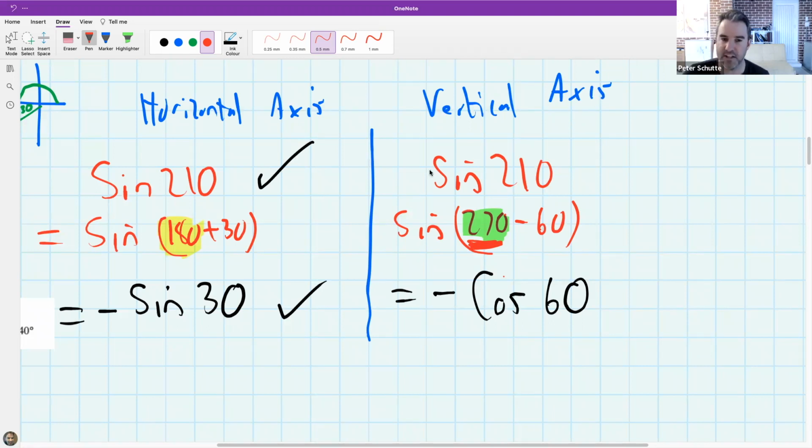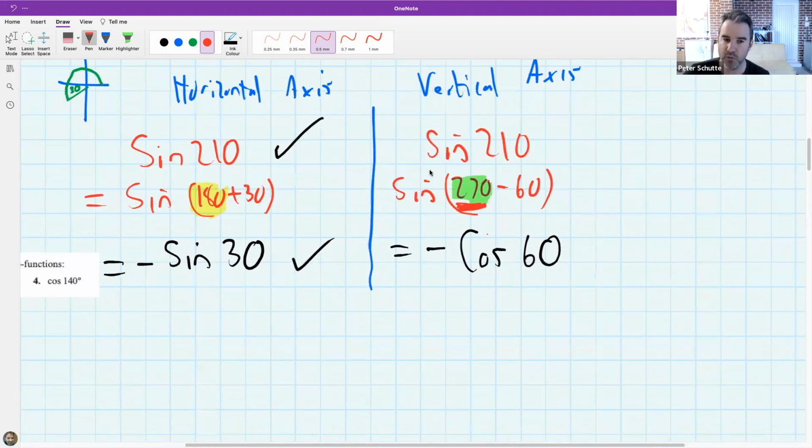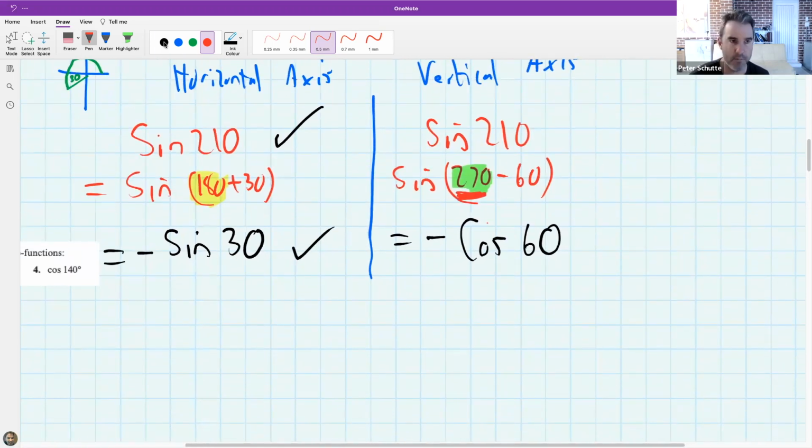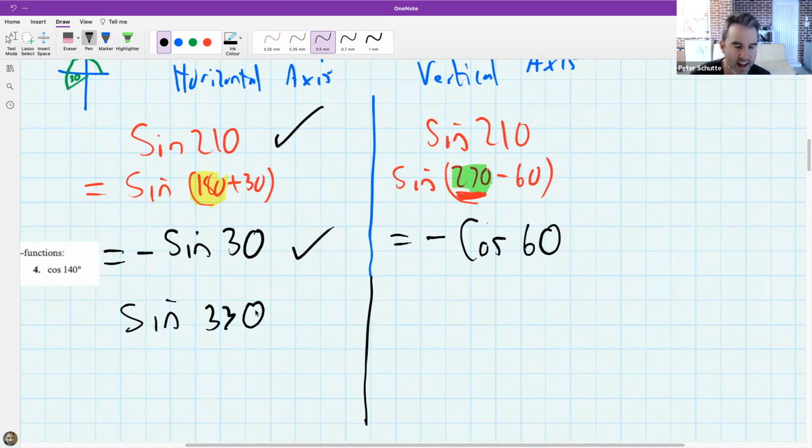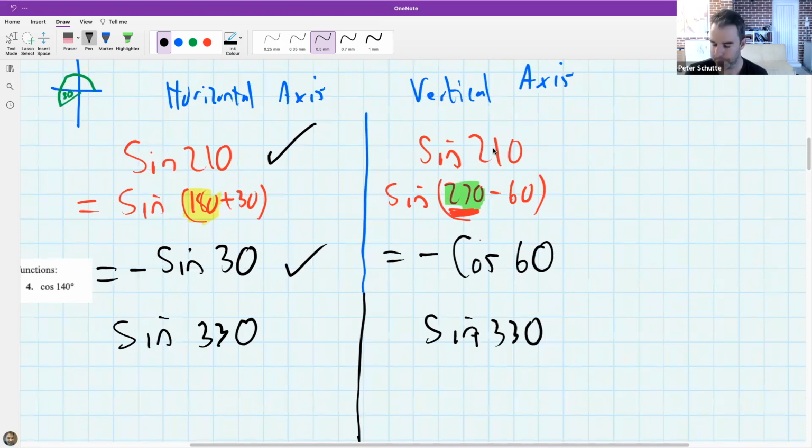And we're going to practice that now. The reason I'm doing this is I know students get confused, but once we've done a couple, I promise it becomes super easy. So we're going to use the same idea, except now I want you to reduce the sine of 330 using the nearest horizontal. And then on this side, I want you to reduce the sine of 330 using the nearest vertical axis.